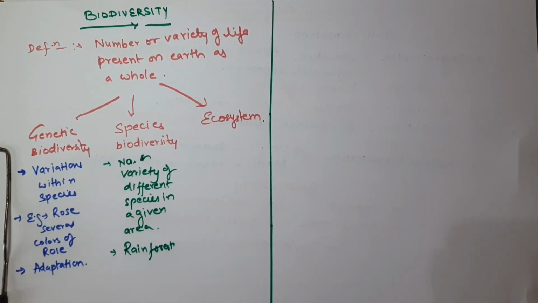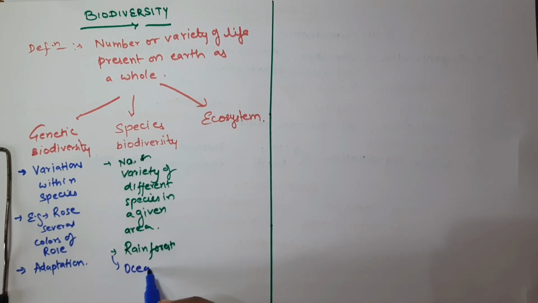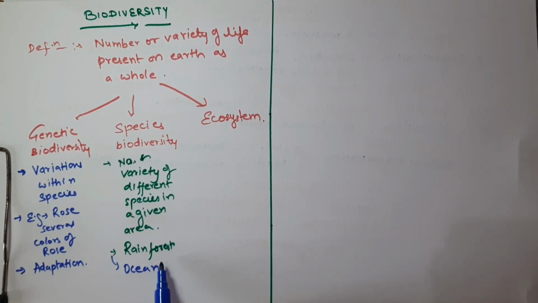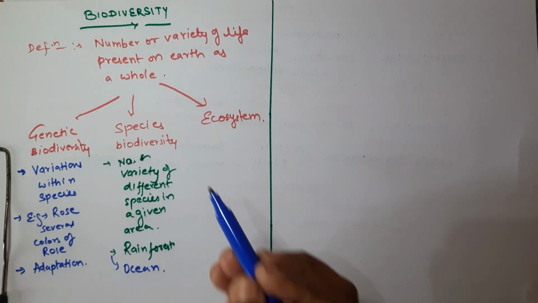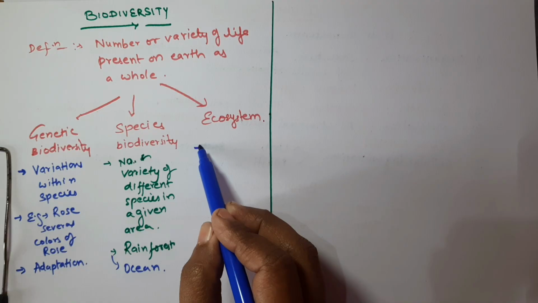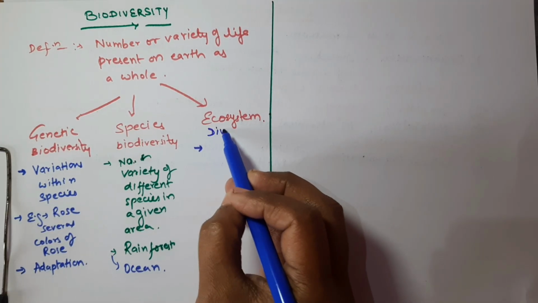The rainforest will have insects and birds, and the wide ocean is also an example, the home to countless fishes and marine mammals. There are different kinds of fishes in the wide ocean also, so the ocean is also an example of species diversity. And obviously the forest has so many types of plants, insects and birds.